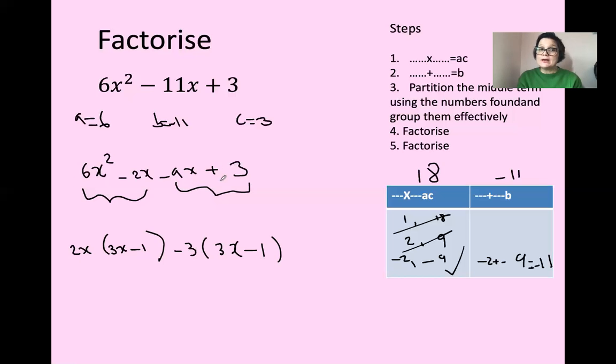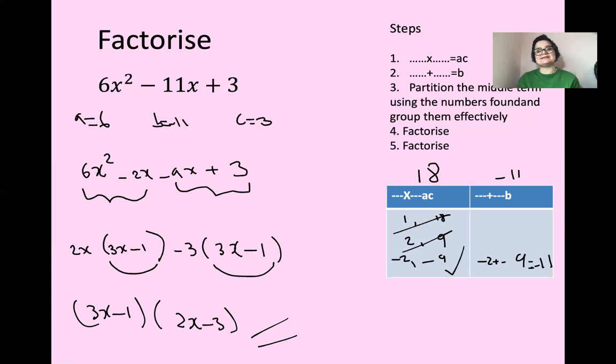And so when you put this sign inside the bracket with a minus outside, you have to change the sign, right? But the clue is on this bracket. So we have to have it as 3x minus 1. And now the common bracket for both terms is 3x minus 1. So 3x minus 1, open the bracket, 2x minus 3. And this is our final answer.